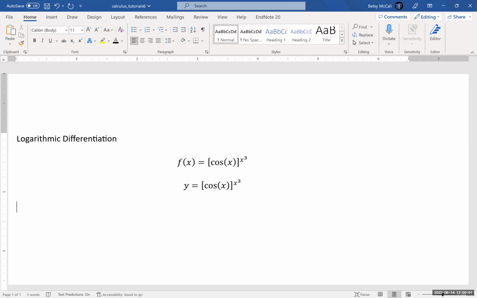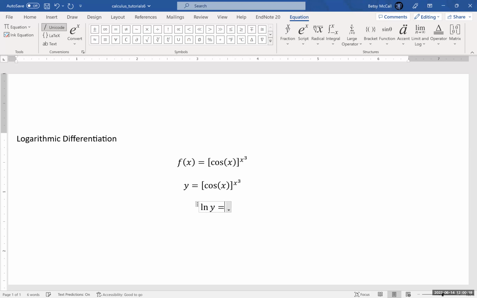And then we're going to take the derivative implicitly, but the trick that we're going to do before we do that is we're going to take the log of both sides of our problem. So we're going to find log y is equal to log of cosine x to the x cubed.